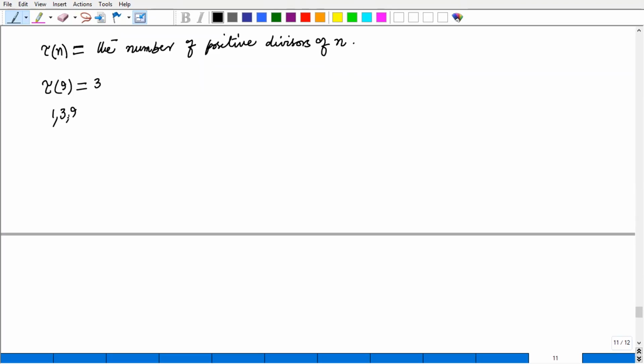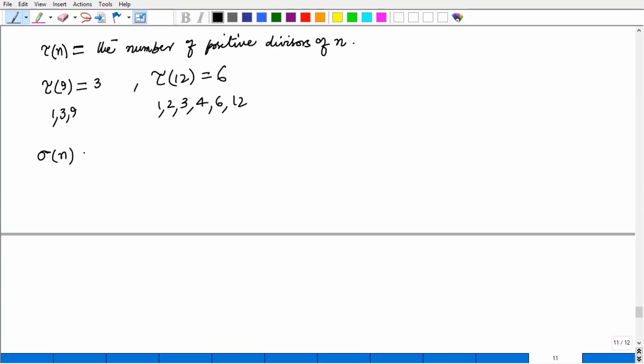Similarly, tau(12). 1 is a divisor of 12, 2 is a divisor of 12, 3 is also a divisor of 12, 4, then 6, and 12 as well. So 1, 2, 3, 4, 5, 6. There are 6 positive divisors of 12. Now, the next number theoretic function, sigma.